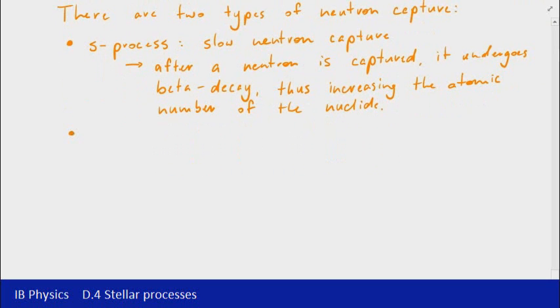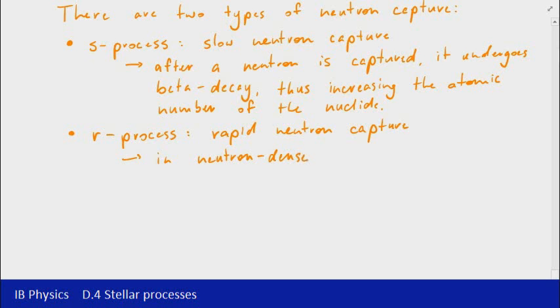The other process is known as the R process, and again, as I said earlier, it's a matter of time here really. So the S process being slow neutron capture, the R process is rapid neutron capture. And in this case, what we're looking at is a neutron dense situation, so lots of neutrons floating around, whereas with the S process it's fairly few neutrons.